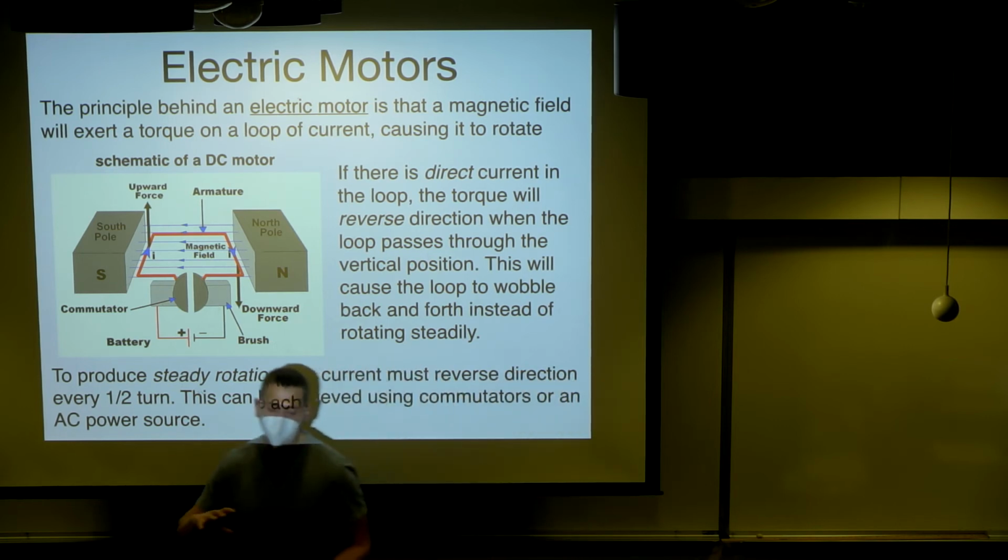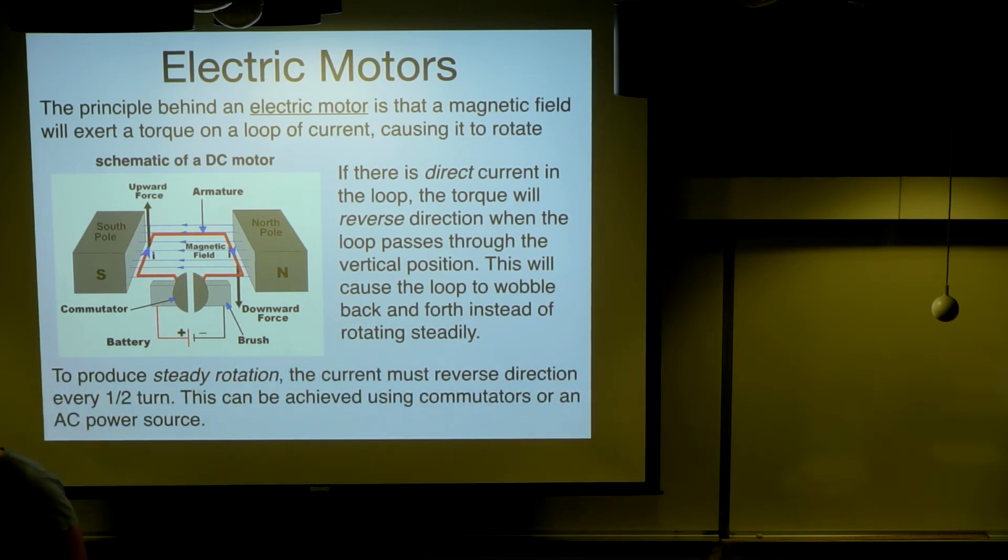That torque can cause it to start rotating, okay? And if we can design this thing in a way where it just has a consistent torque that's always causing it to rotate in the same direction, then we can sustain that motion. We can just keep it rotating as long as the current keeps flowing. You see that? But there is a little bit of a complication here, okay?